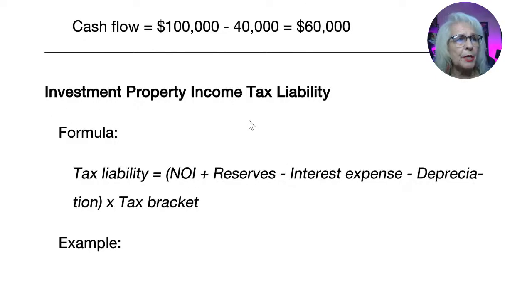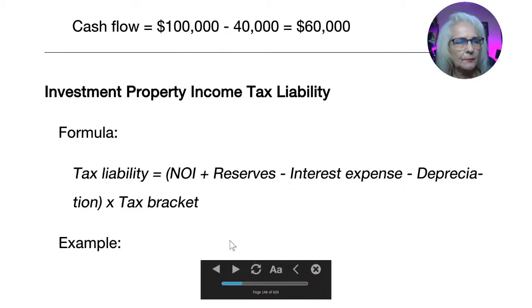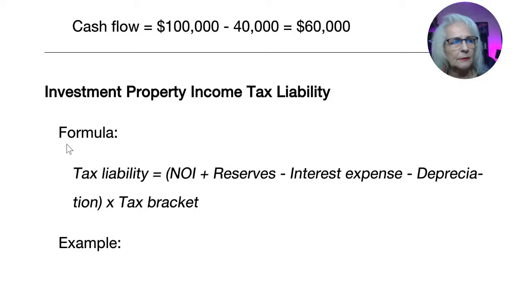Investment property income tax liability formula. Any questions? No, I don't see any. Tax liability equals net operating income plus any reserves, minus interest expense, minus depreciation, times their tax bracket.